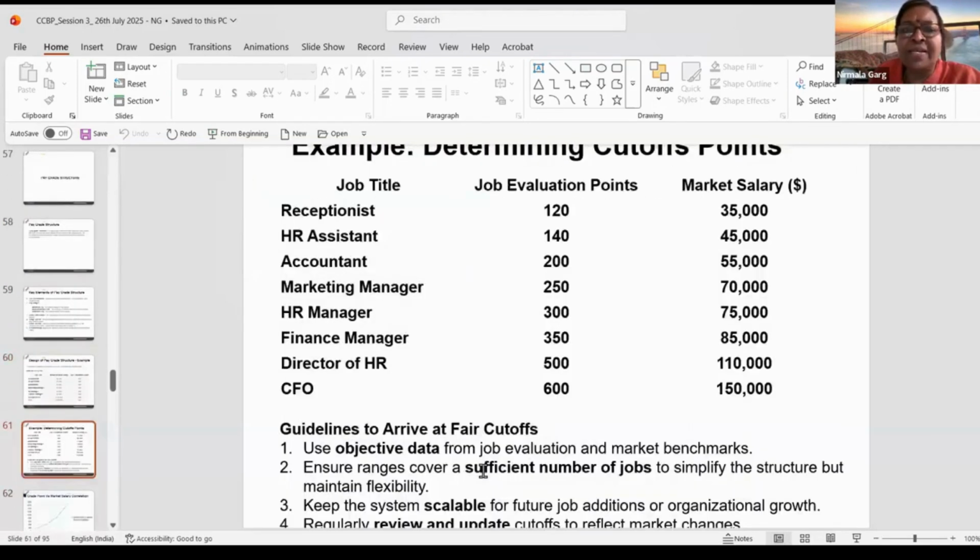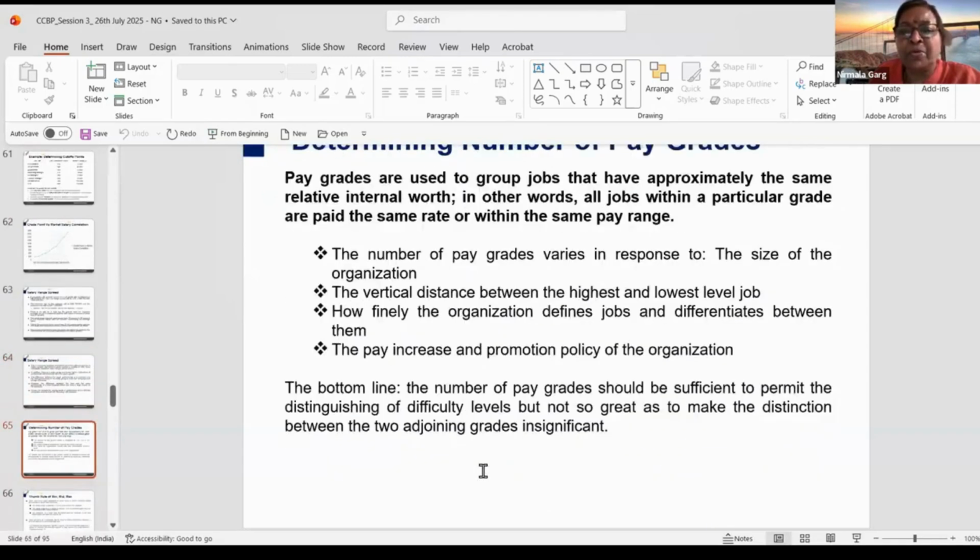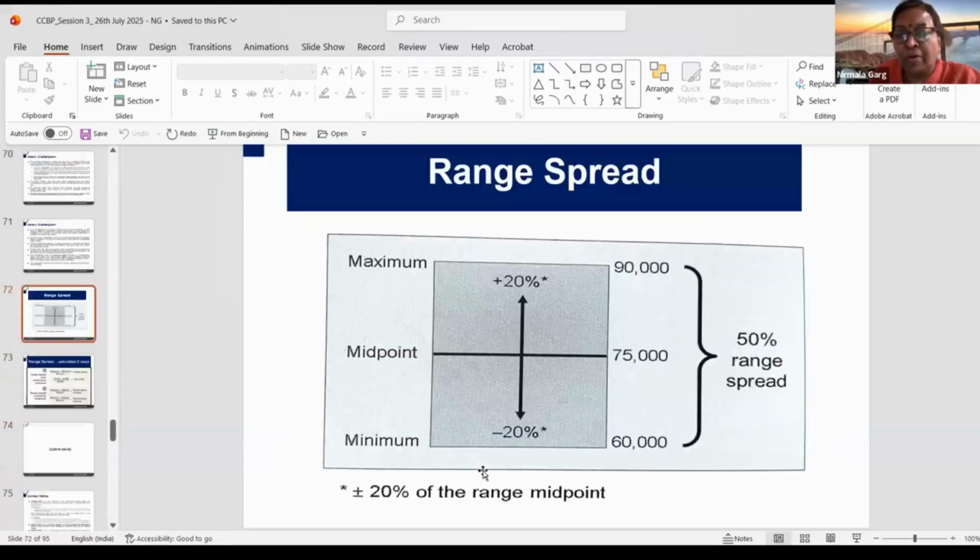Okay. Having said that, now every grade will have what? Minimum, maximum, and midpoint. This is very, very important. Now, what is the midpoint here? 75,000.